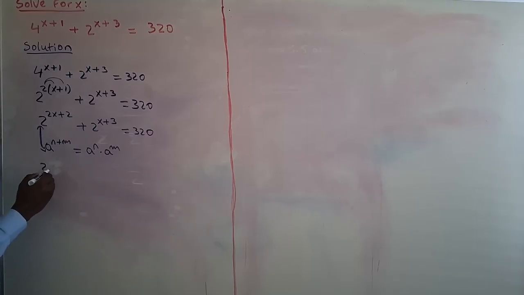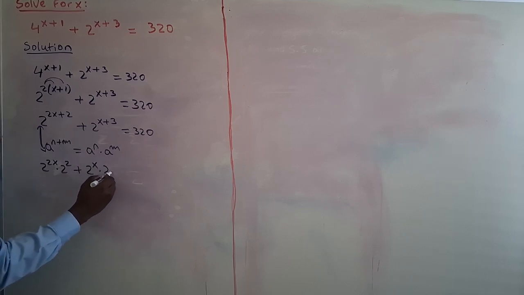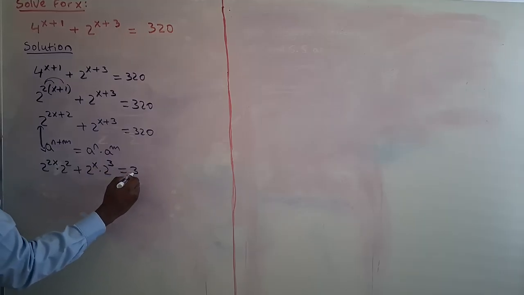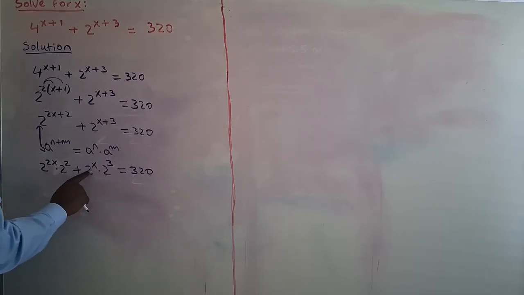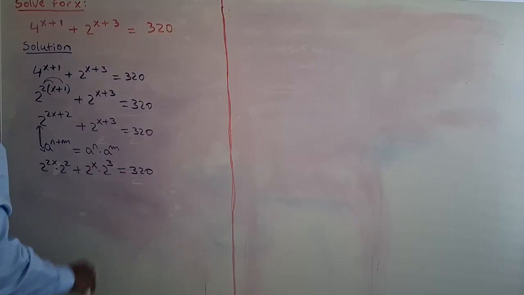We're going to have 2 raised to the 2x times 2 squared plus, we're going to apply it over there also, 2 raised to the x times 2 cubed equals 320. Now, we have 2 raised to the 2x times 2 raised to the second power plus 2 raised to the x power times 2 cubed equals 320.